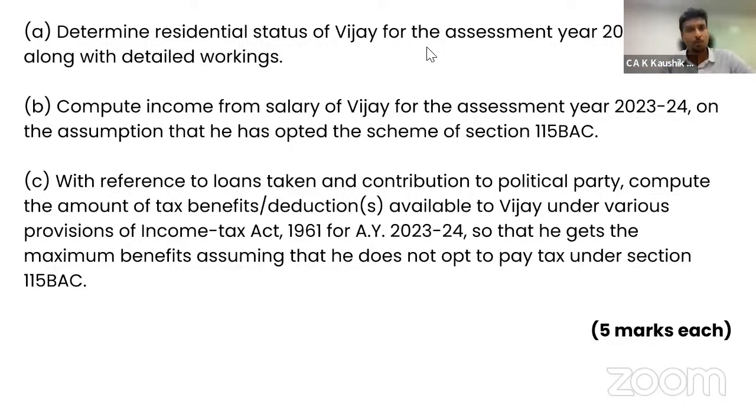I would also like to bring to your notice that the fact pattern in the question paper is very simple and straightforward. The first set of facts relates to residential status. The middle part of the question relates to salary income. The last set is connected to the Chapter VI-A deduction. So it becomes very important to read and understand the question, and then process the learning and the revision you have done in terms of implementation.